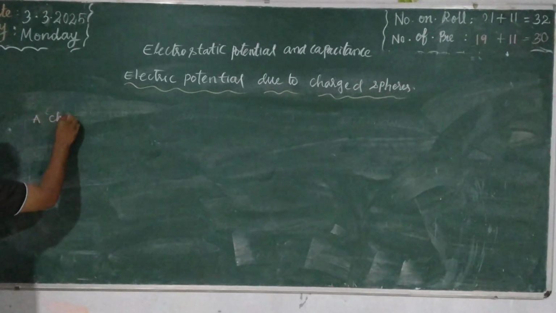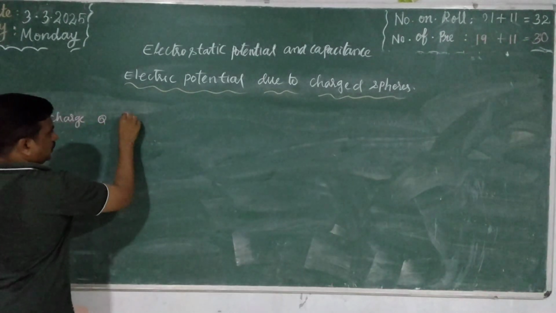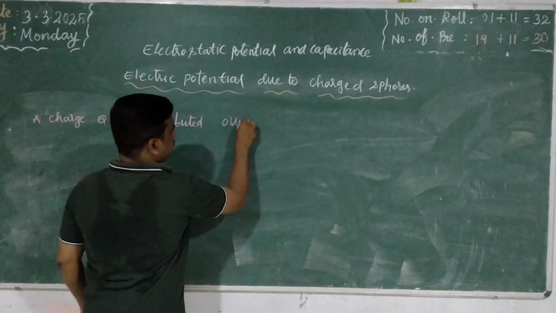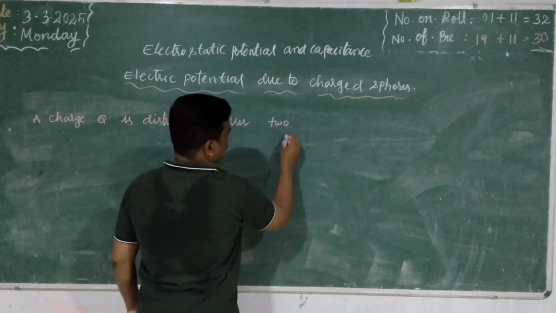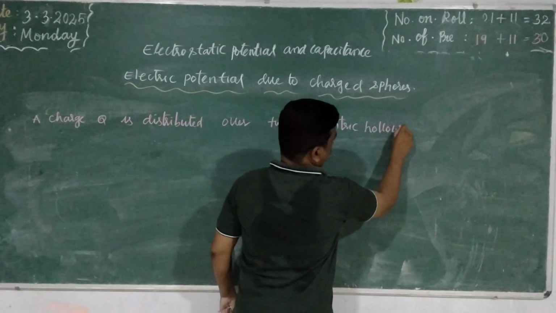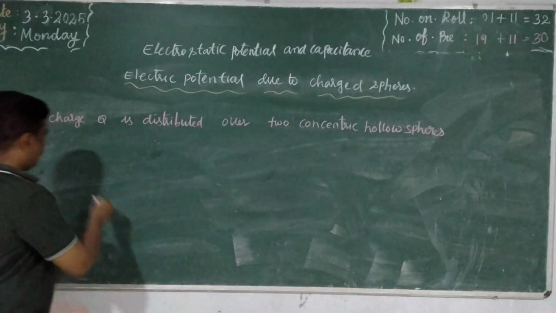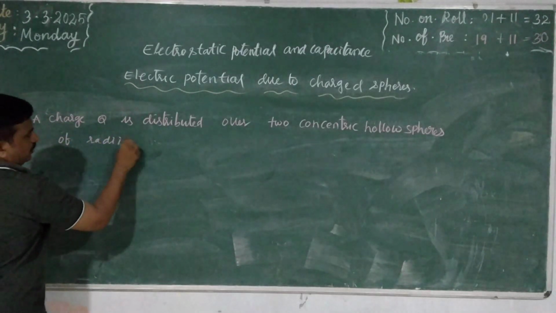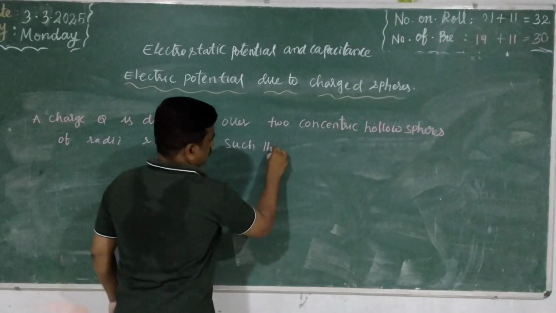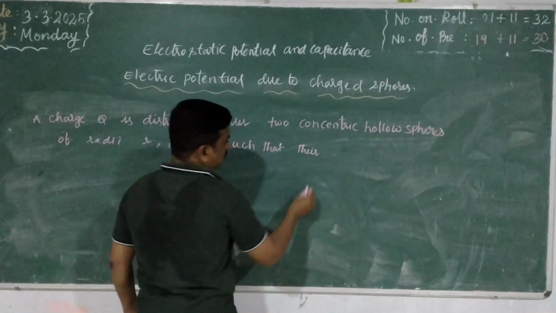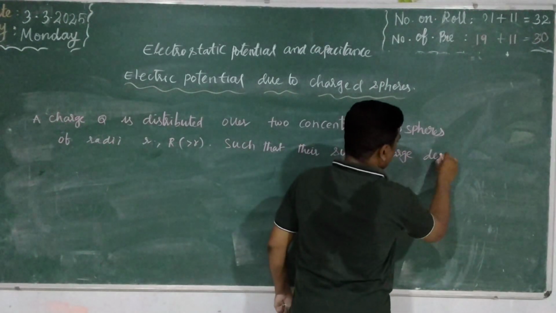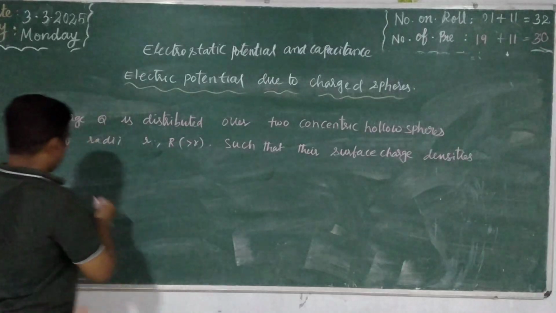A charge capital Q is distributed over two concentric hollow spheres of radii small r and capital R, greater than small r, such that their surface charge densities are the same.